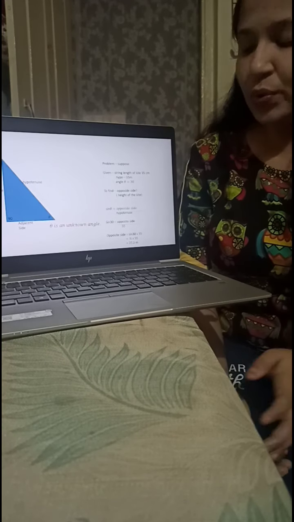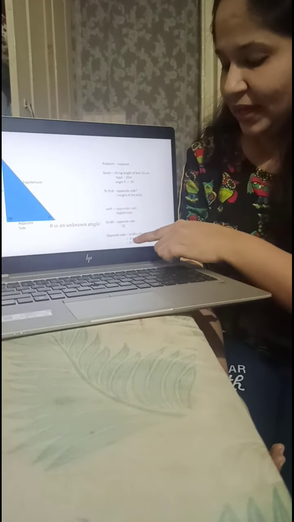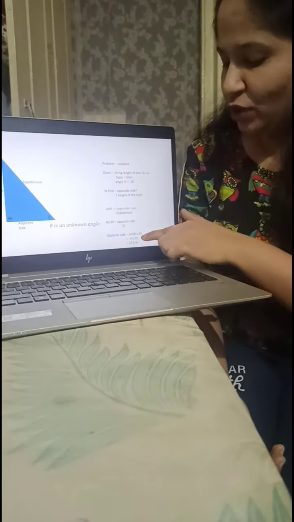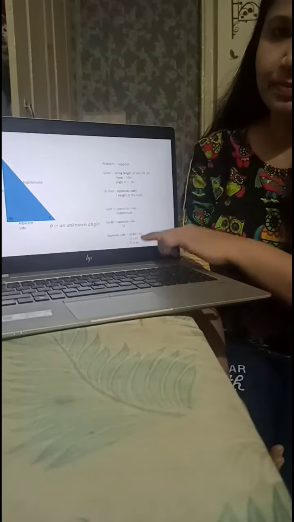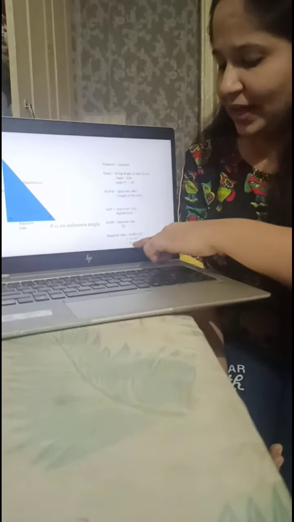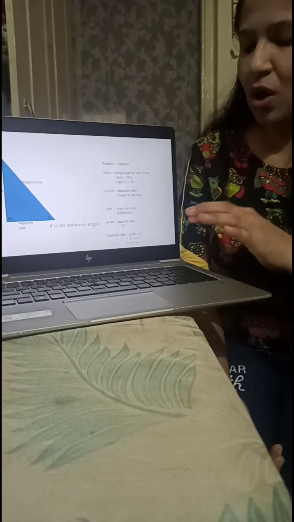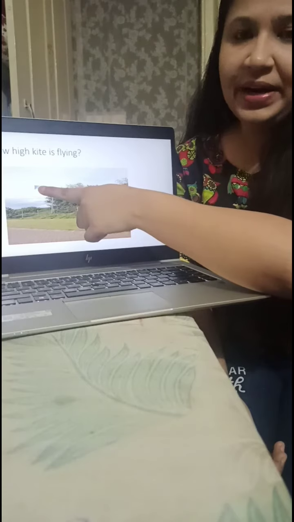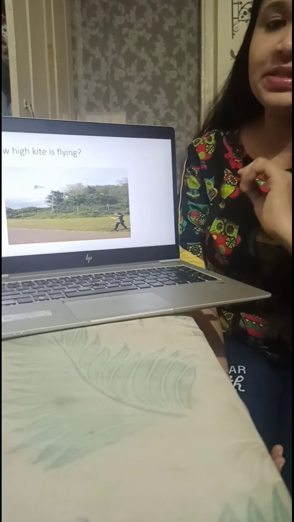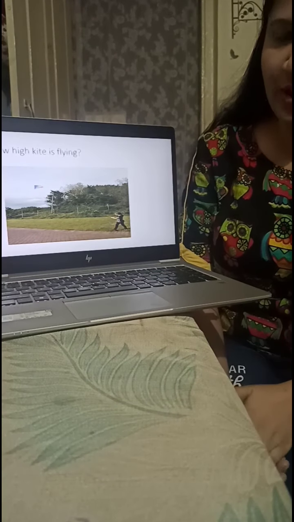But for now, the value of sin 30 is 1 by 2 into 55. So the answer is 27.5 meter. So this is the length of the opposite side, meaning the height of the kite from the ground is 27.5 meter.